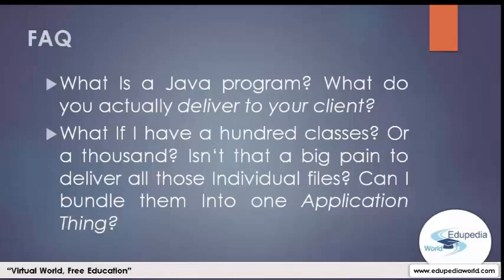Now the second question. What if I have 100 classes or 1,000? Isn't that a big pain to deliver all those individual files? Can I bundle them into one application thing? The answer is yes. It would be a big pain to deliver a huge bunch of individual files to the end users, but you won't have to.